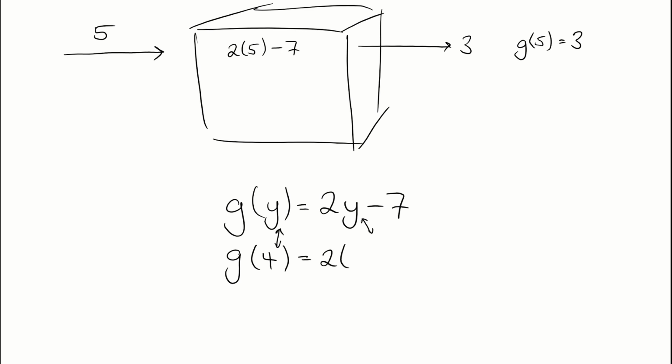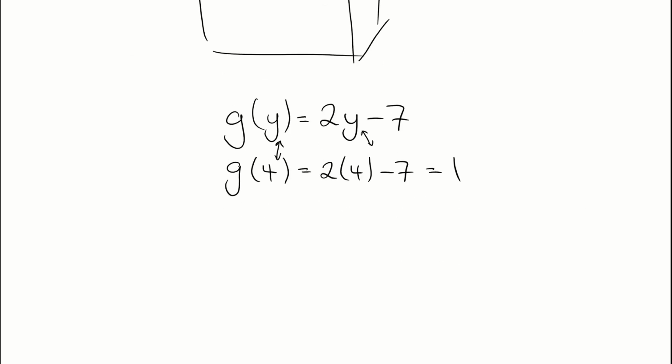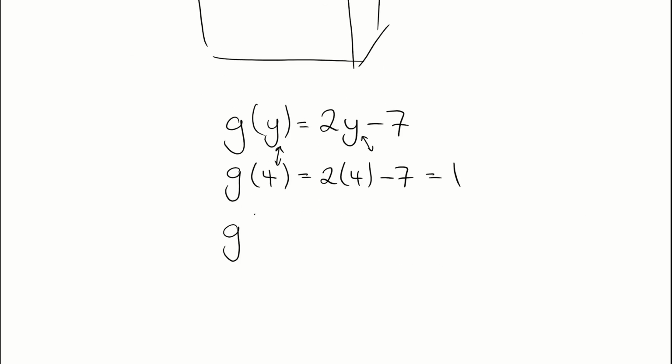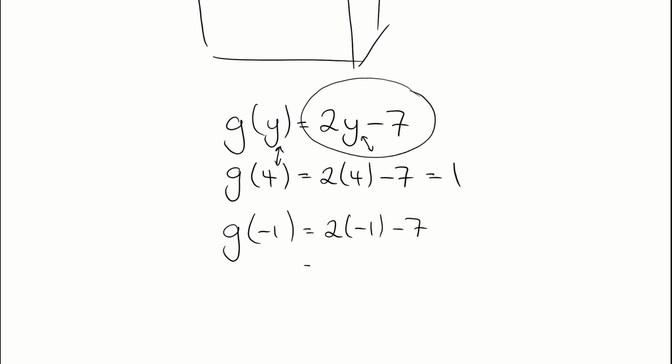So I do 2 times 4 subtract 7, so I just get 1. Likewise, what is G of -1? In this case, Y is -1, so everywhere I see a Y over here, I have to put a -1 in because that's the rule of the machine. So I do 2 lots of -1, subtract 7. So I get -2 minus 7, which is -9.